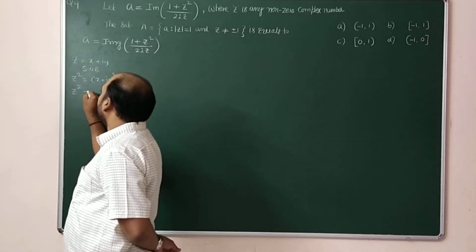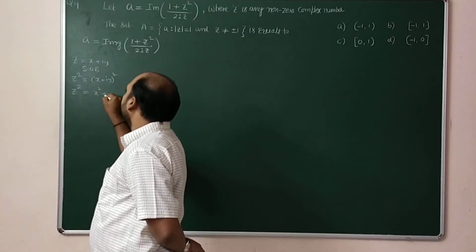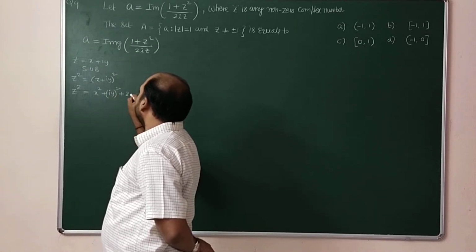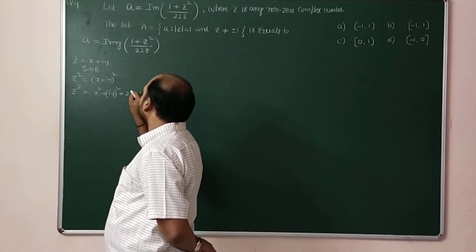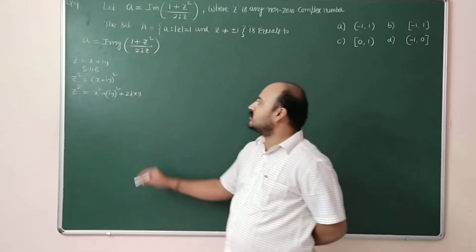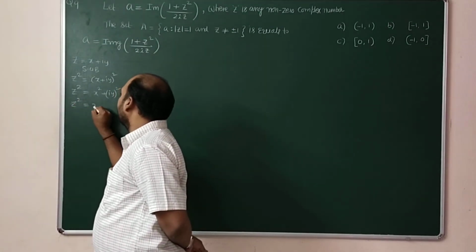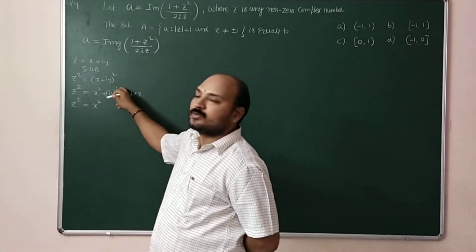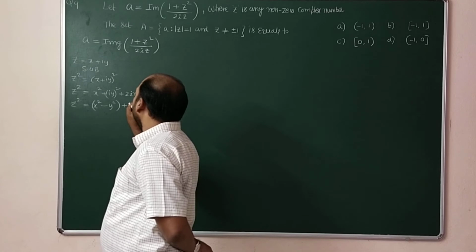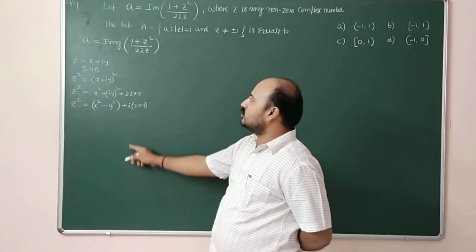So z square equals the a plus b whole square formula: x square plus (iy) whole square plus 2ixy. So z square equals x square, i square means minus 1, minus y square, plus i into 2xy. So we know the z square value.